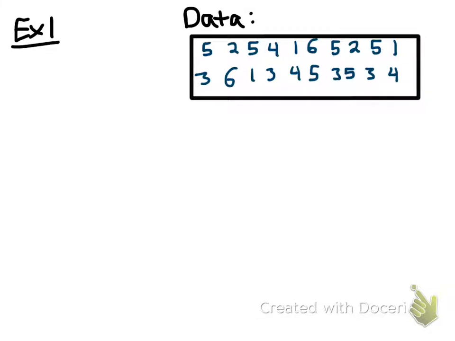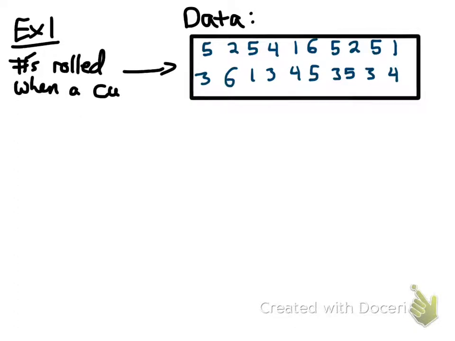These are the different numbers rolled when a dice was rolled, or when a cube was rolled 20 different times. So I have 20 different numbers in this data table.